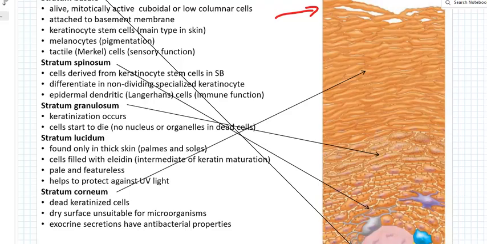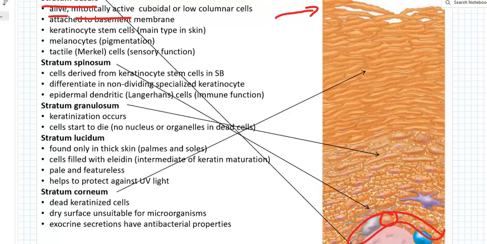Make sense? So the replenishment comes from the fact that the bottom layer of the skin here, the basal layer, stratum basale, the only layer that contains cells that are both alive and mitotically active, in other words, can divide. Okay? So these cells actually look more like cuboidal cells. Okay, you with me?